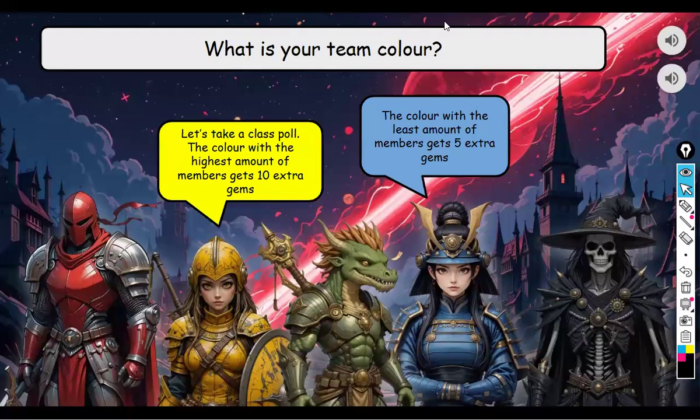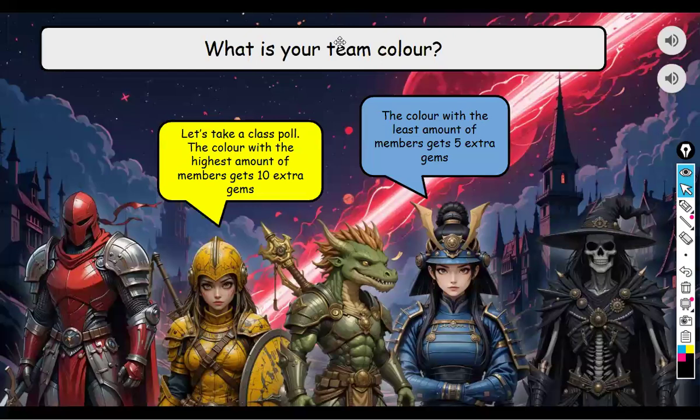So let's take a poll, right? Vote on what your team color is. Vote red, yellow, green, blue, or black. Right? There is a reward for the most popular and the least popular. Everybody else in between gets no extra gems.